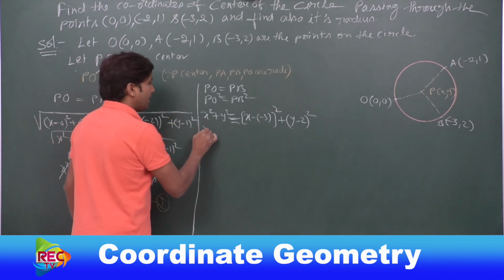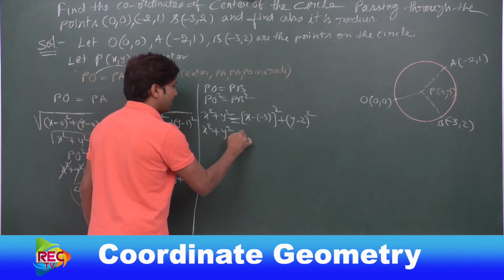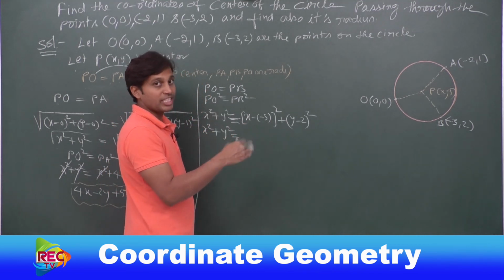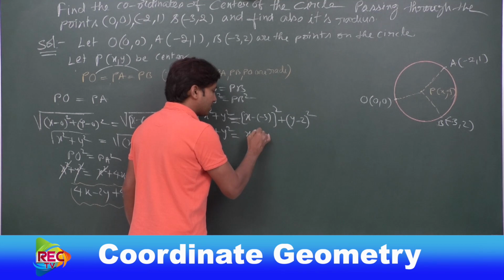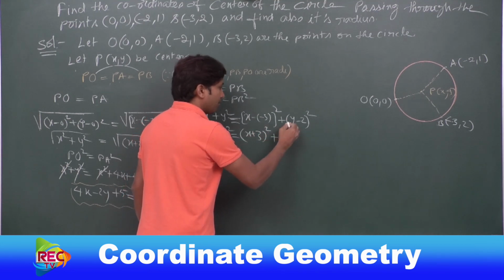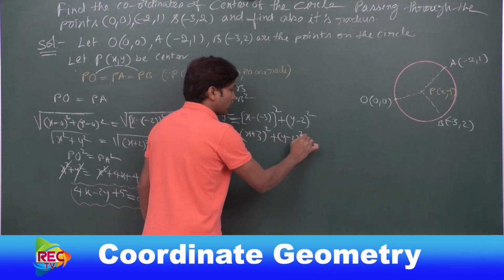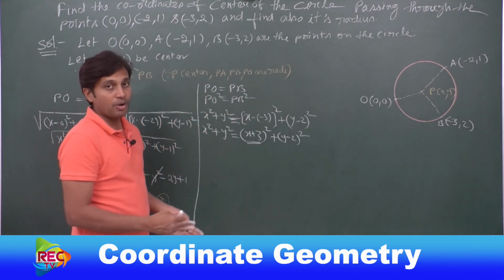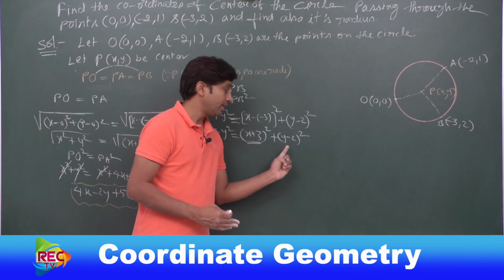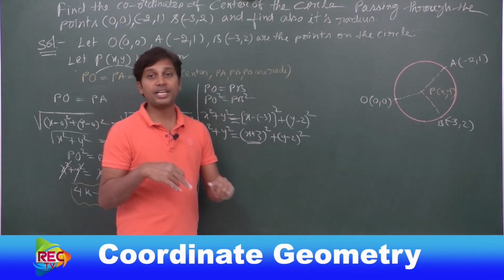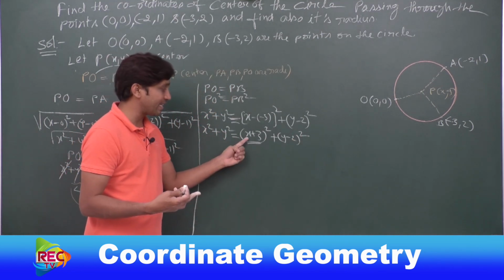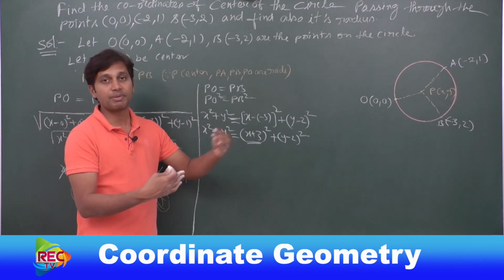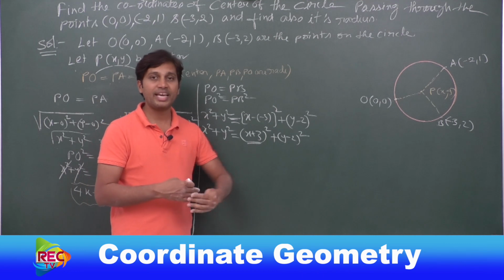Okay, now x square plus y square equal to, now x minus of minus 3 will become x plus 3. So x plus 3 whole square plus y minus 2 whole square. Again you can observe this format, which is in the form of a plus b whole square, and this is in the form of a minus b whole square. So consider x as a and 3 as b. A plus b whole square means a square plus 2ab plus b square. In that form it can be expanded.